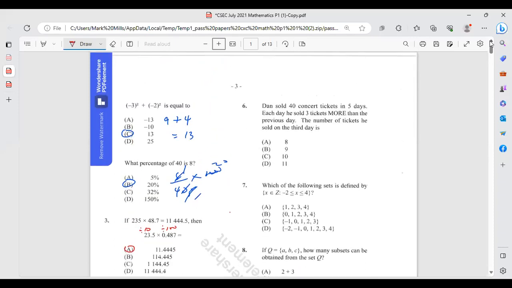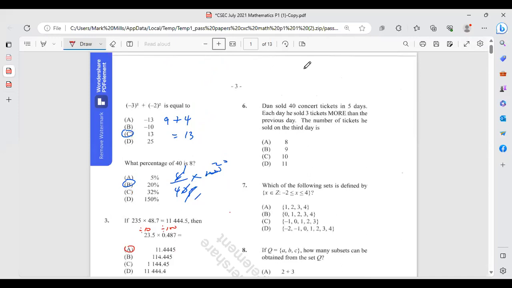Now, number 6 is a tricky one. Dan sold 40 tickets in 5 days. Each day, he sold 3 tickets more than the previous day. The number of tickets he sold on the third day is? 8. But how do I get my 8? What will we do?